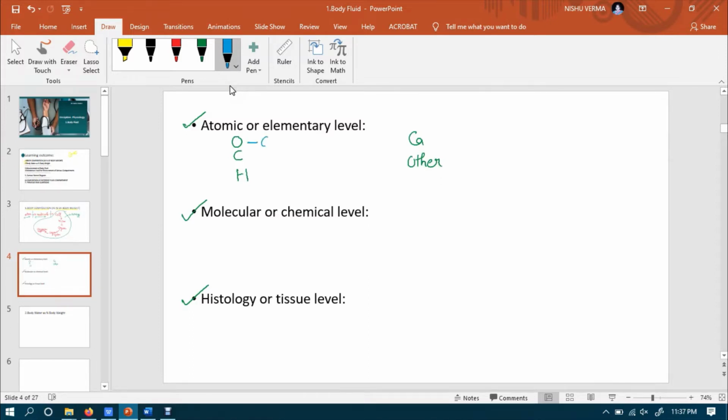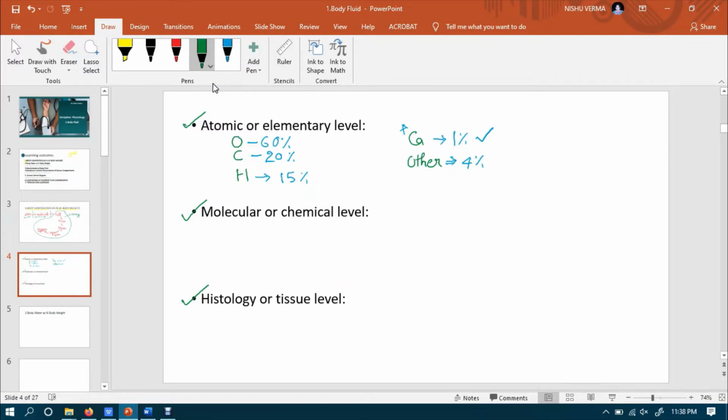Oxygen contributes 60% of the body weight, carbon contributes 20%, hydrogen contributes 15%, and calcium only 1%. One more important point: calcium is very important for contraction in our muscles. The remaining atoms make up 4% of the total body weight.